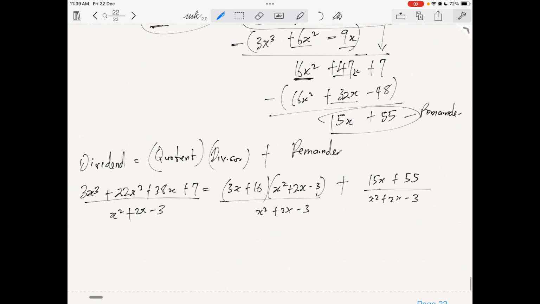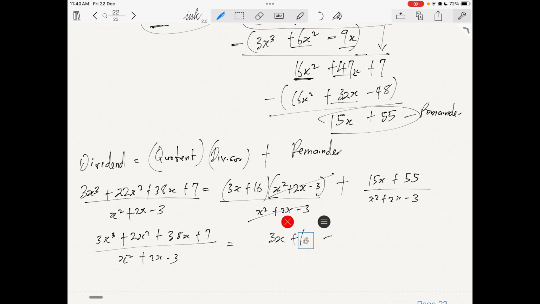Now we have 3x cubed plus 22x squared plus 38x plus 7 divided by x squared plus 2x minus 3 equals this. We cancel out the divisor here, leaving 3x plus 16 plus 15x plus 55 divided by x squared plus 2x minus 3.